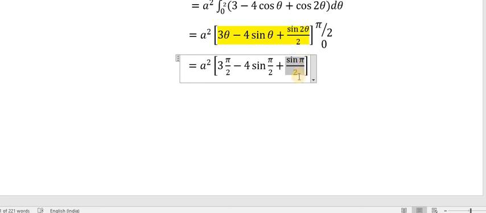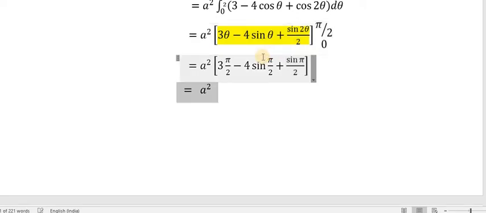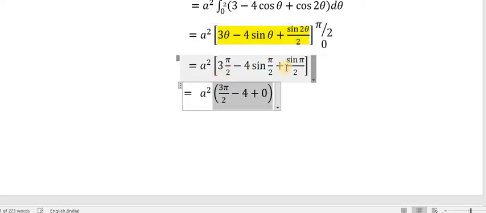Then the lower limit theta is equal to 0 means the complete term vanishes. So 3 into 0 is 0, 4 sin 0 value is 0, again sin 0 you will get for this also. By simplifying this, we get 3 pi by 2 minus 4 and sin pi divided by 2.